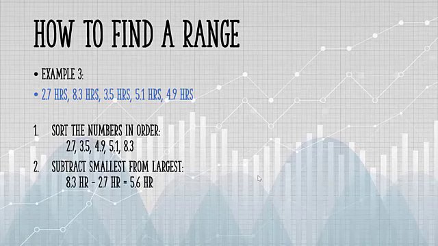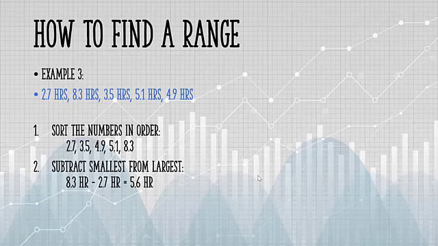Next, subtract the smallest from the largest. When I do this calculation, I'm going to put my units back in, that's hours. So we have 8.3 hours minus 2.7 hours, that's 5.6 hours. My range is 5.6 hours.